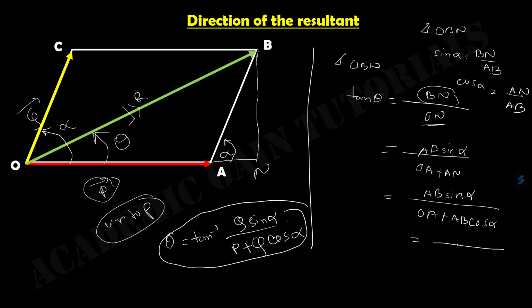So instead of AB, we can write OC. So here we will write OC sine of alpha over OA plus OC cos of alpha. And we know that OC represents the vector Q and OA represents the vector P. So we can write tan theta equals Q sine alpha divided by P plus Q cos of alpha.